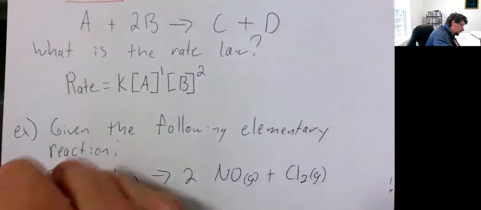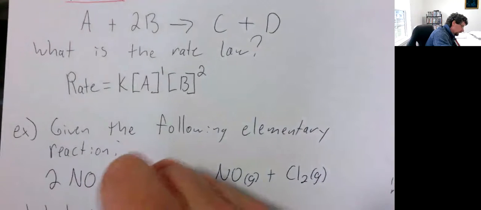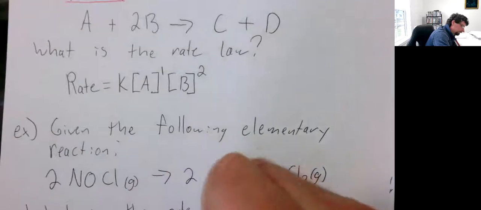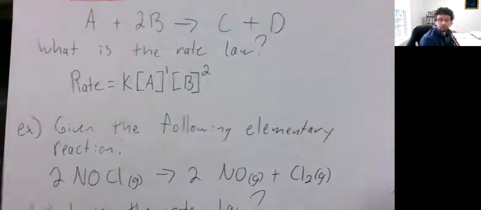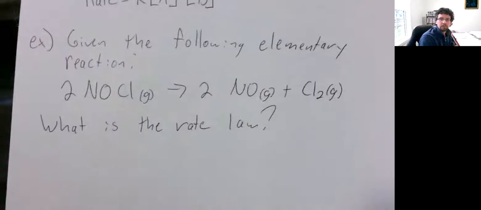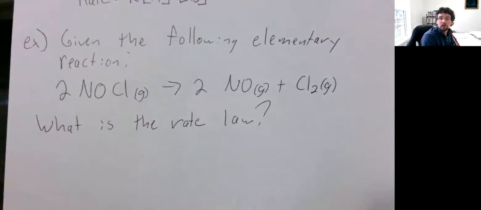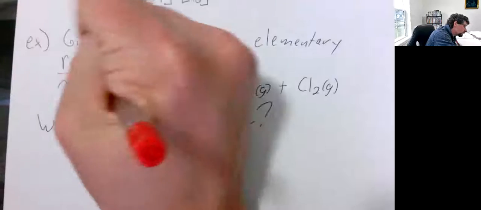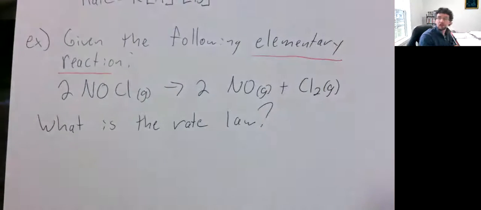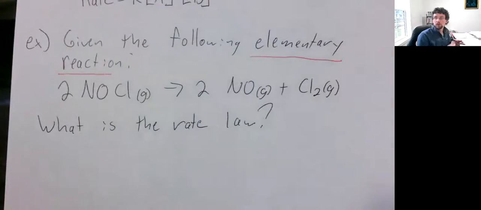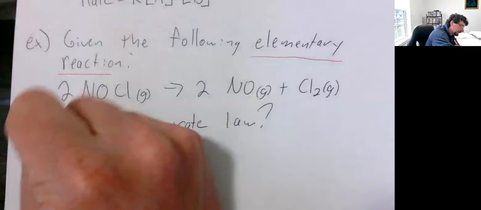We're going to ask the question, what is the rate law? Again, what we need to look for is whether the question states that it is an elementary reaction or not. In this case, we do see elementary reaction.